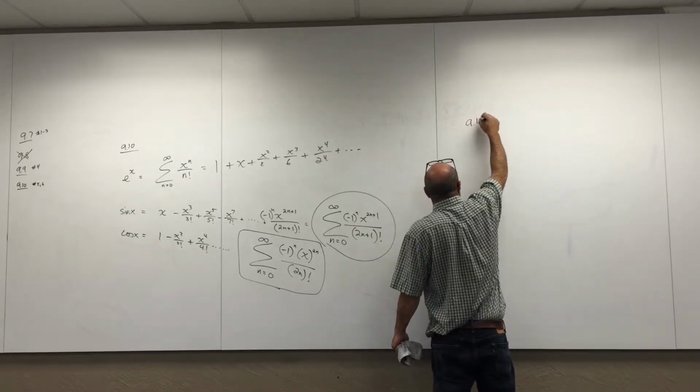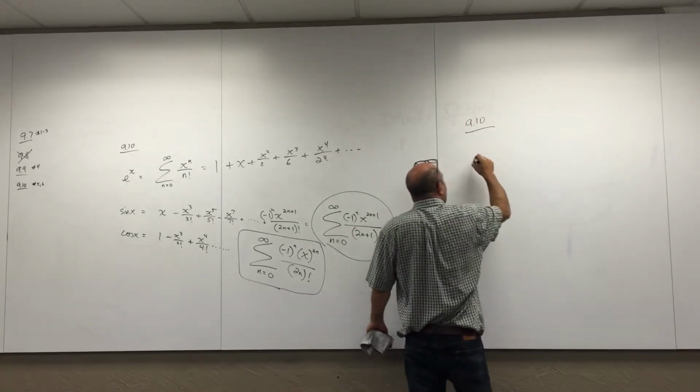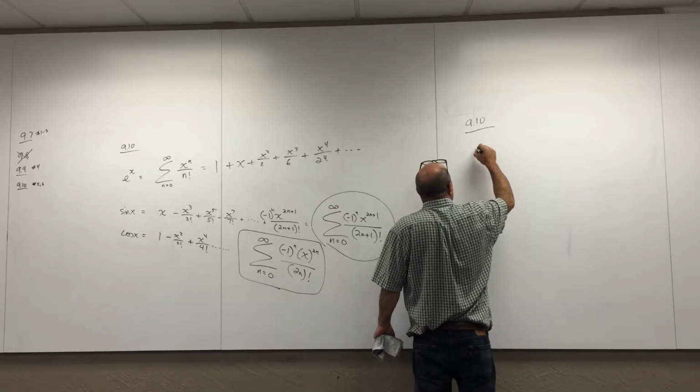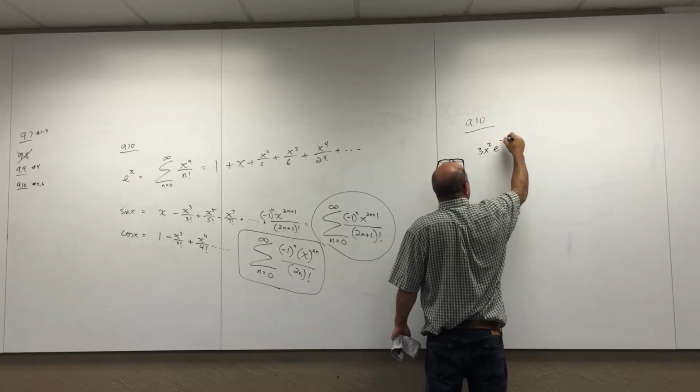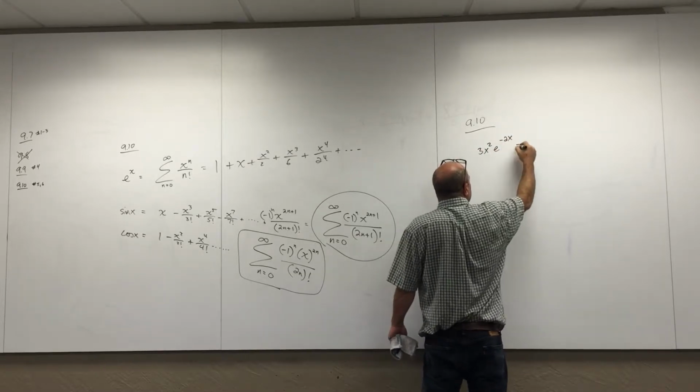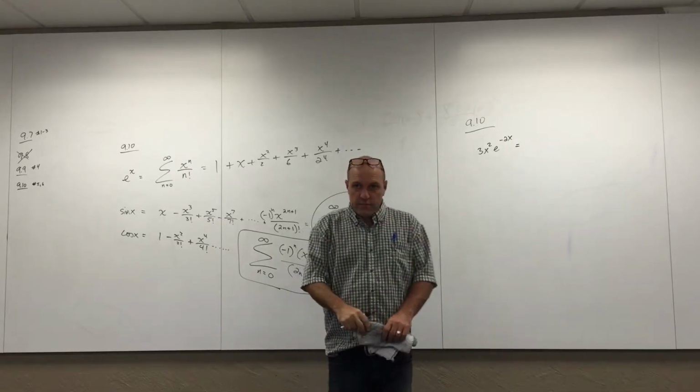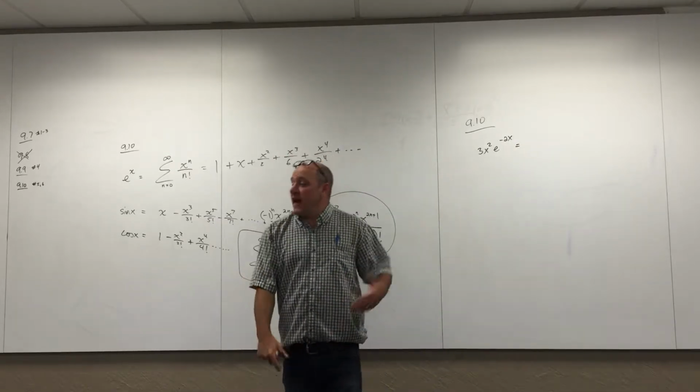Using 9.10, can you find a series for 3x squared e to the negative 2x? Now in 9.7, how would you do that?